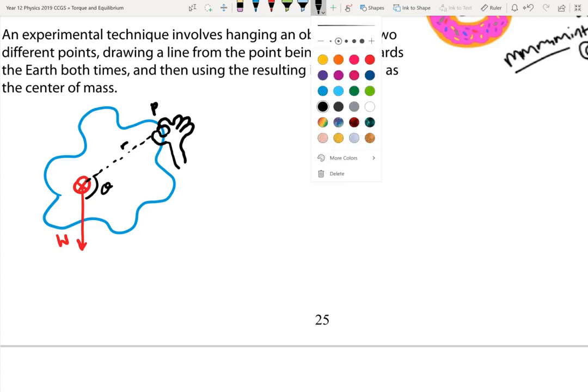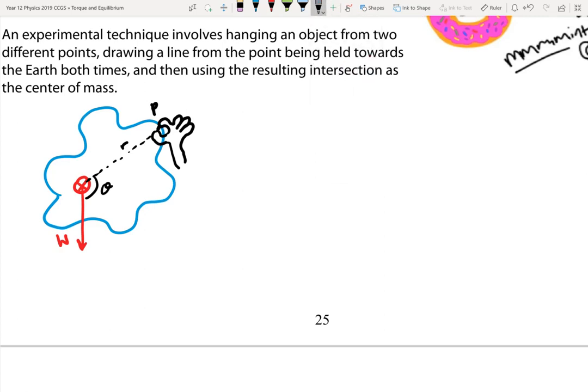So, try and draw your object now so that the weight force is directly beneath the pivot. There's your scenario, 180 degrees, torque equals 0.